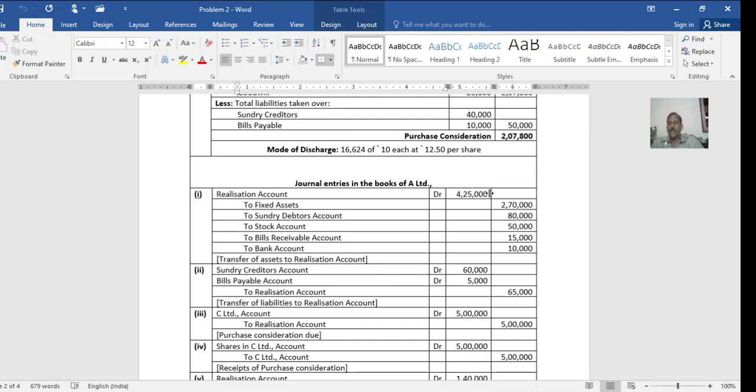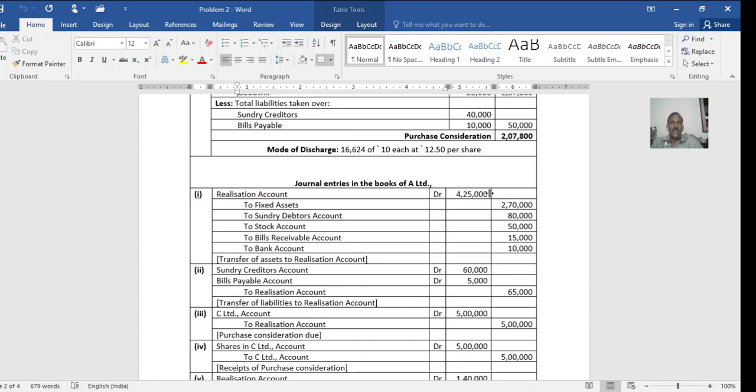Now the journal entries in the books of A Limited, a transferor company; you write within brackets, transferor company. The problem says C Limited is formed to take over the assets and liabilities of both companies. In the sense, all assets and liabilities of A Limited are taken over. So transfer all assets including bank to the debit of realization account; entry: realization account debit, each asset at book value.